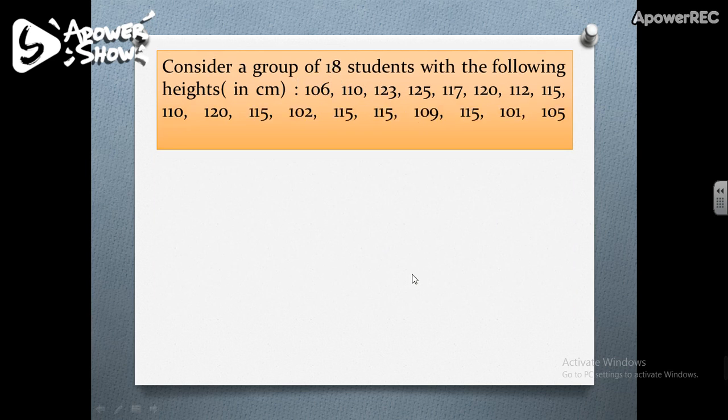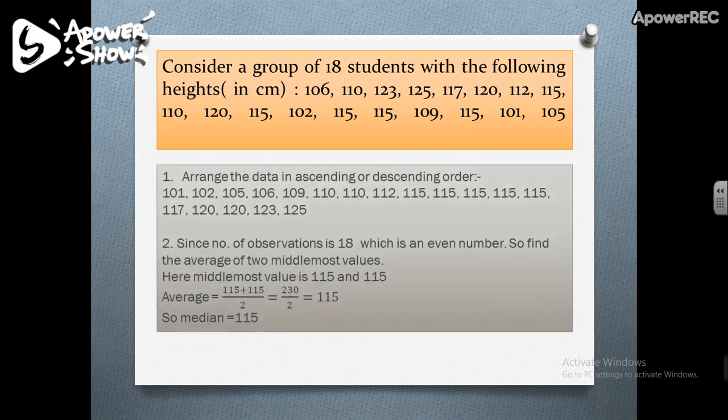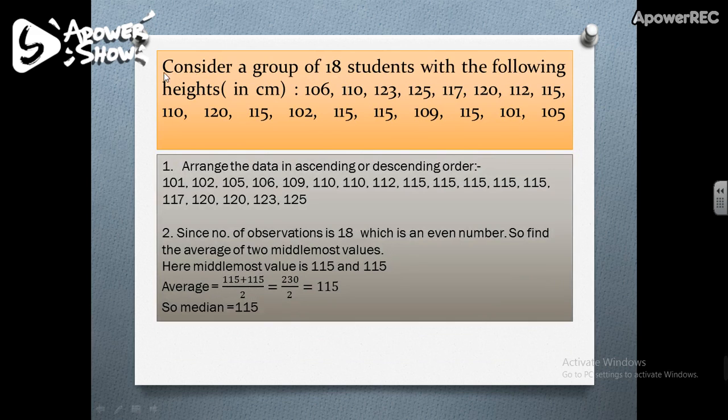Now what happens if the group has 18 students, which is an even number? So now we have an even number of observations, and we will try to find the median of this given set of observations. Again, the first step is to arrange the given set of observations in ascending or descending order. After arranging them, we will try to find the middlemost observation.